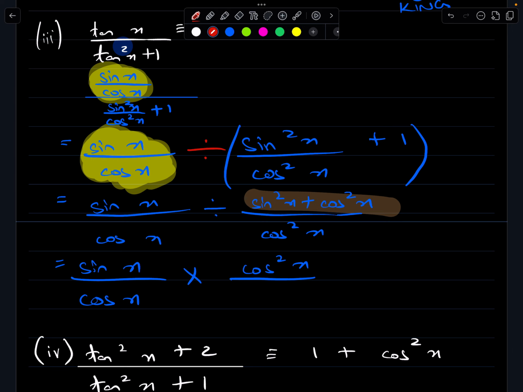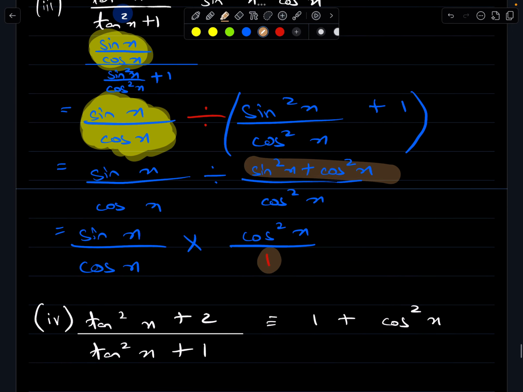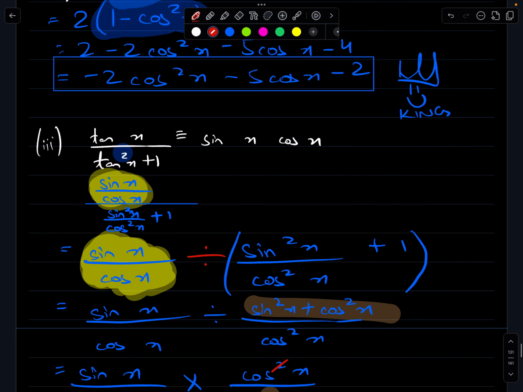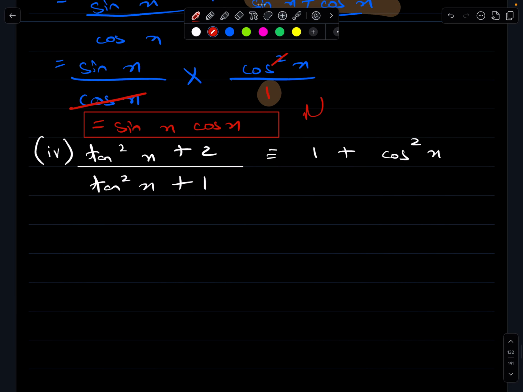So we replace this thing by 1. The cos x cancels out with the cos square x to leave cos x. Thus we are left with our final identity. And notice that we have proved that the right hand side is equal to the left hand side. You're a king, bro, or a queen if you're a female.